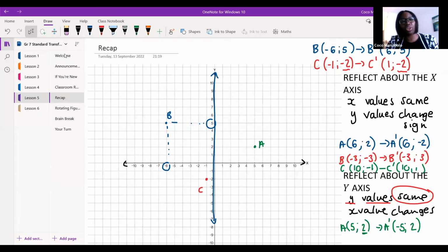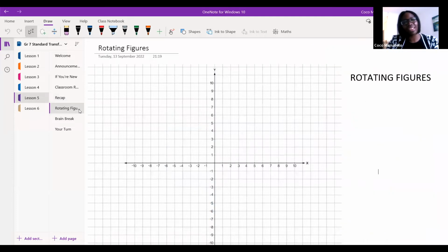Now, today we're going to learn something a little bit different, and I need you guys to stay with me. We are going to be rotating figures. What we've been working on so far is only reflecting a point. We've taken A and reflected it about the x-axis or the y-axis.